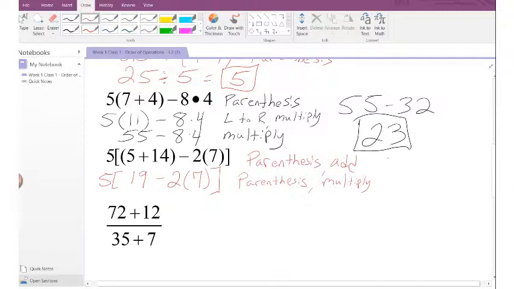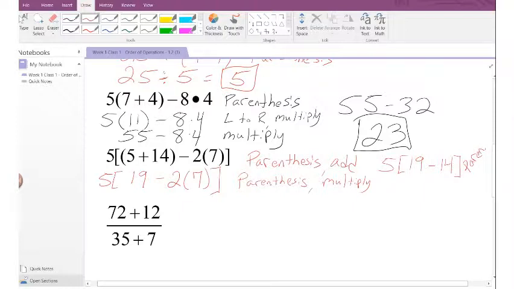We're going to have 5, bracket, 19. The multiplication is here. 2 times 7, so minus 2 times 7 is 14. I'm running out of space here, but we're still inside the bracket. So I'm going to write parentheses.